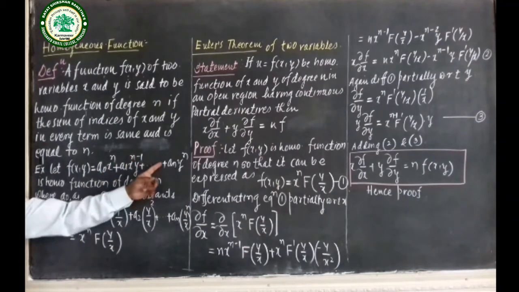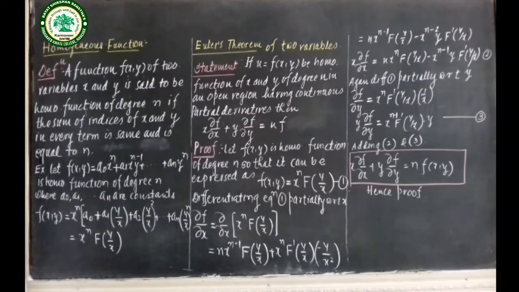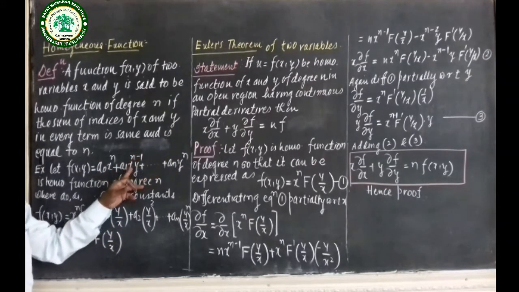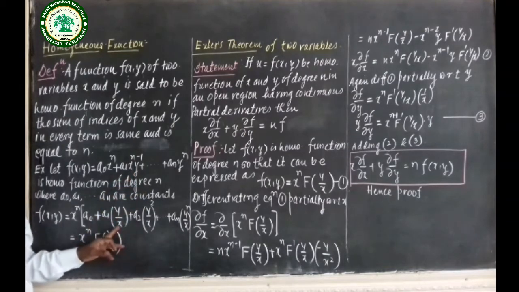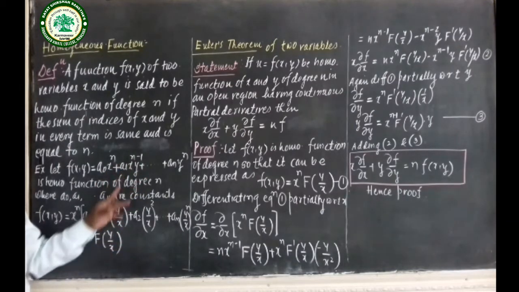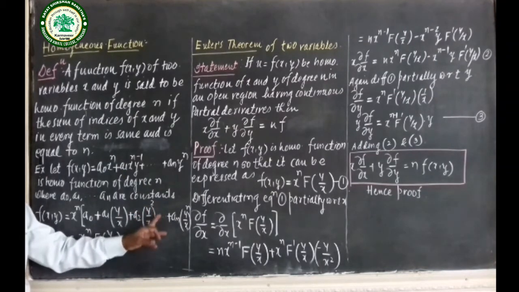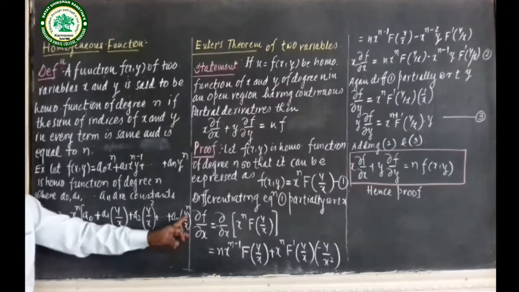where a0, a1, a2, up to an are all constants. This equation can be simplified in another form. Taking x raised to n common, the remaining terms will be a0 plus a1 into y divided by x, plus a2 into y divided by x raised to 2, plus up to an into y divided by x raised to n.